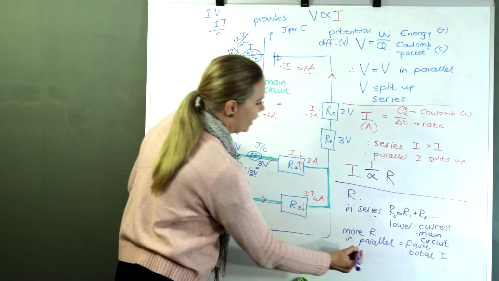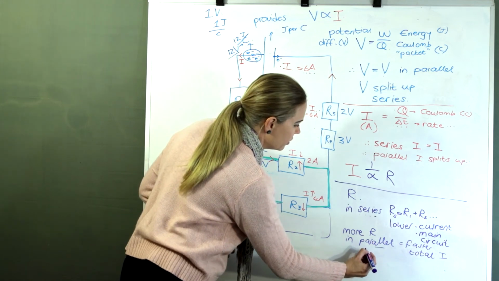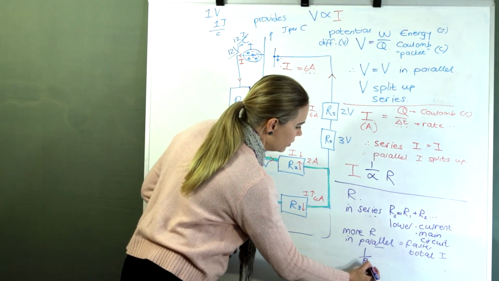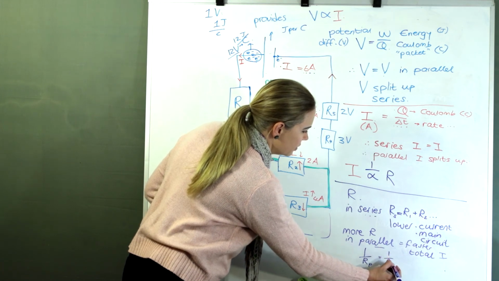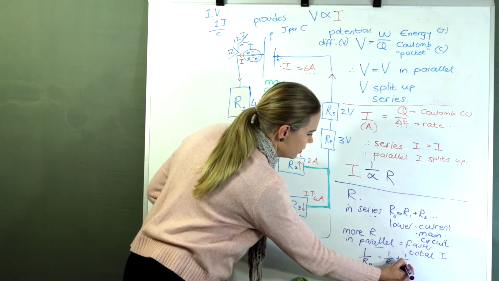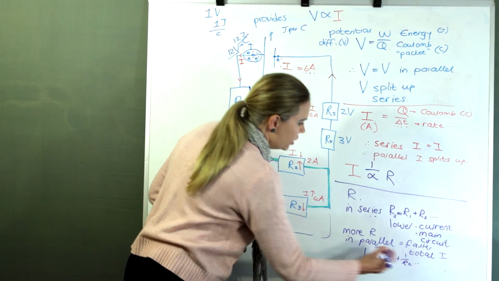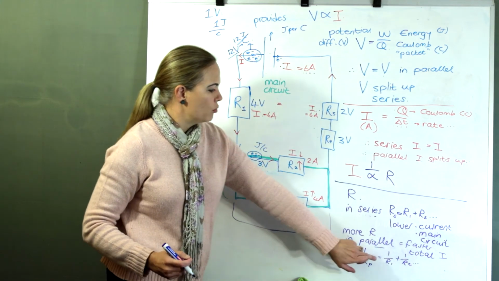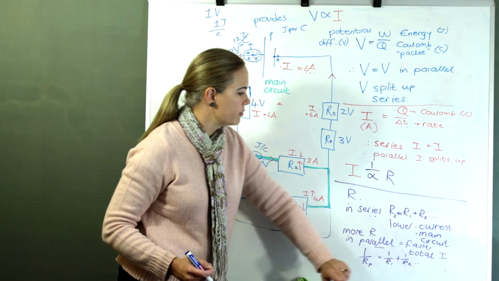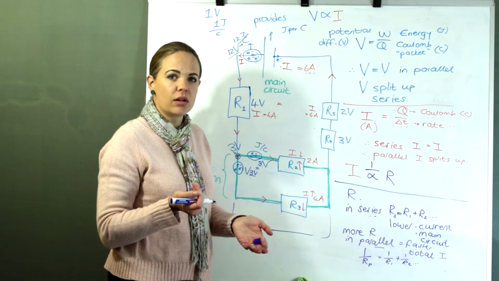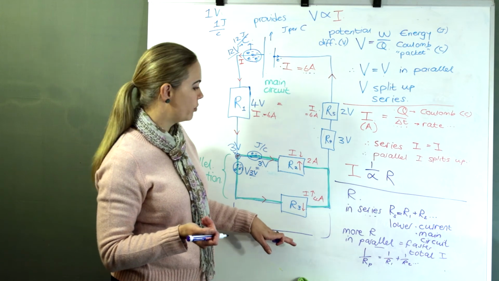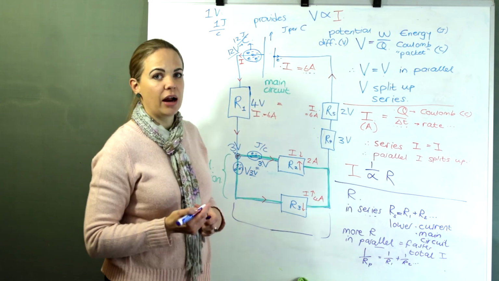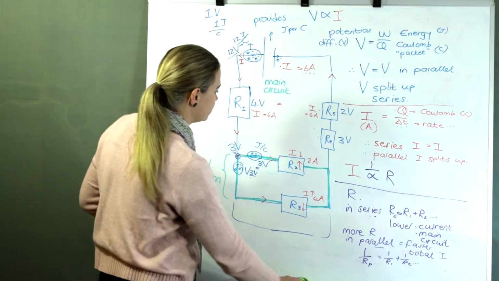All right, so in parallel, your calculation will look like this. So mathematically, the more branches there are in parallel, the lower the total resistance for the parallel combination will be, and the higher the total current will be, in other words.